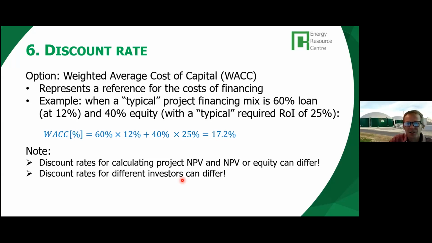Then another investor that comes in to co-invest in this project may not have the same appreciation of the certainties and the uncertainties in the same project. So that might result in the investors looking at the project in different ways, and that might result in different discount rates being used.